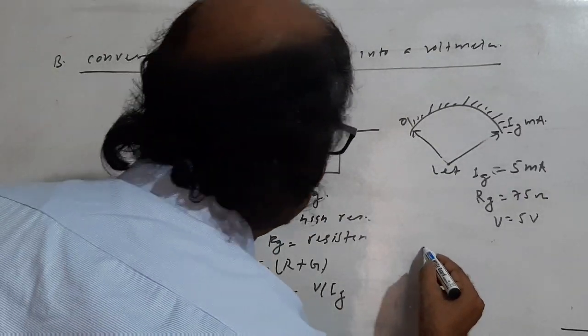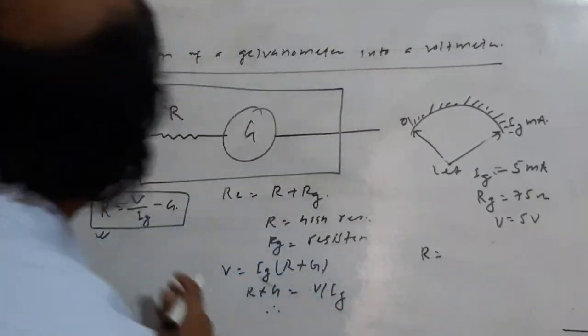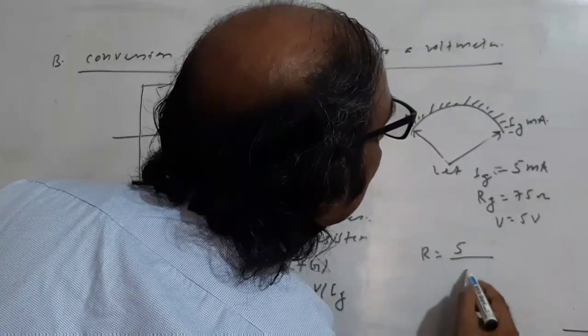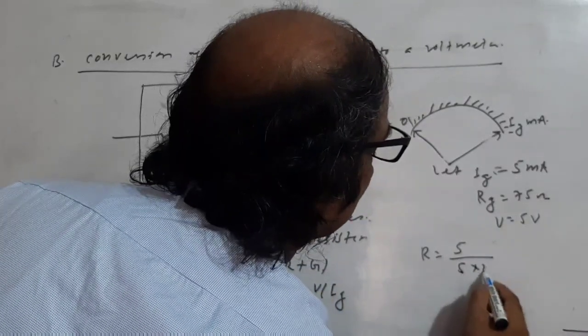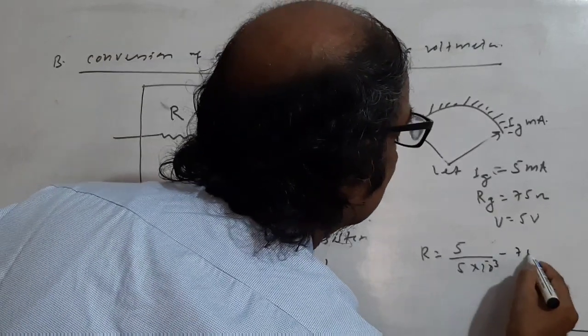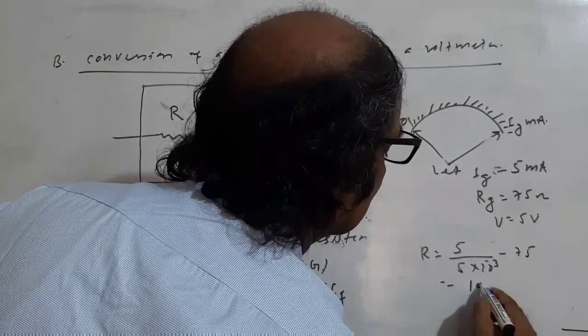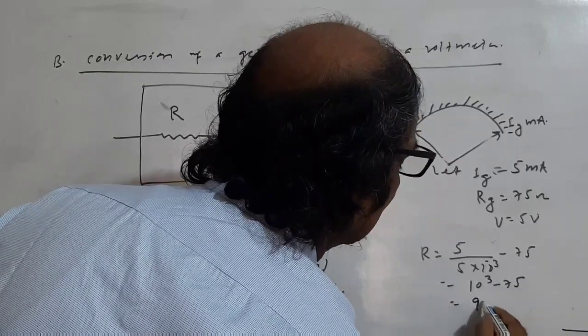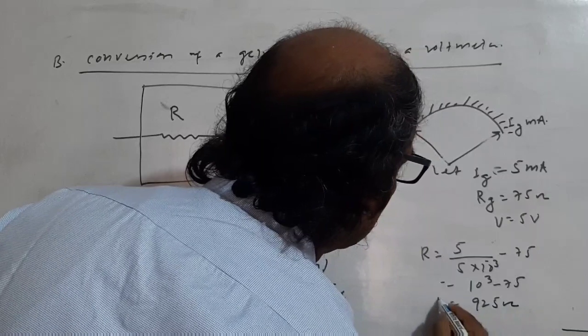Now come to the formula. R equals V by Ig minus G, which means 5 by (5 into 10 to the power minus 3) minus 75. This is 10 to the power 3 minus 75, and this equals 925 ohm.